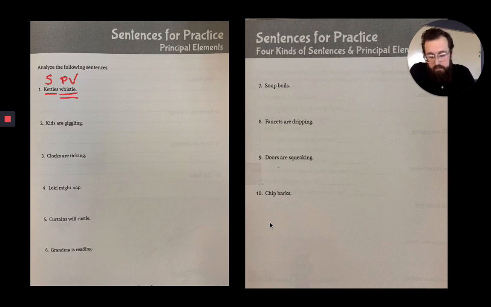Now let's go diagram this sentence. I'm going to draw my baseline as straight as possible. Use a ruler. And I'm going to write the subject on the left side of my baseline.